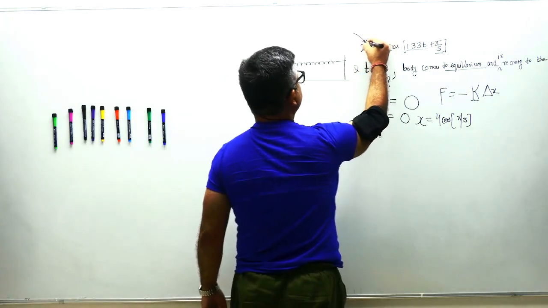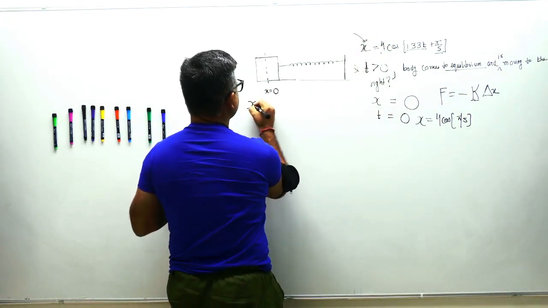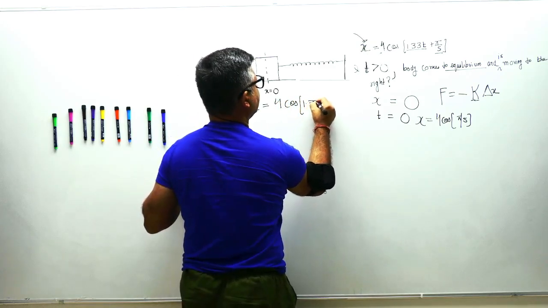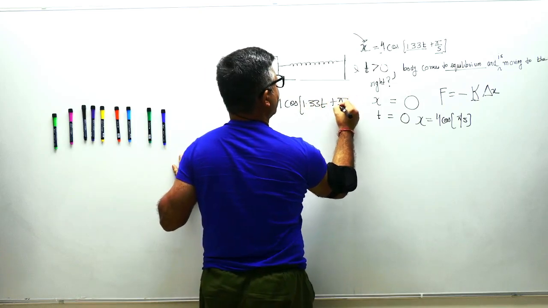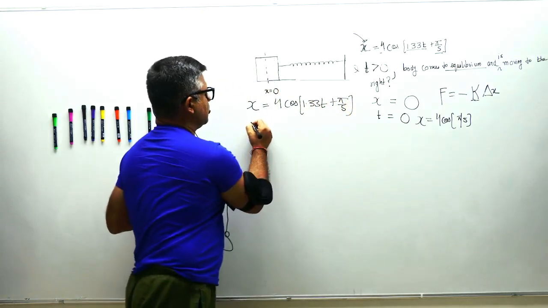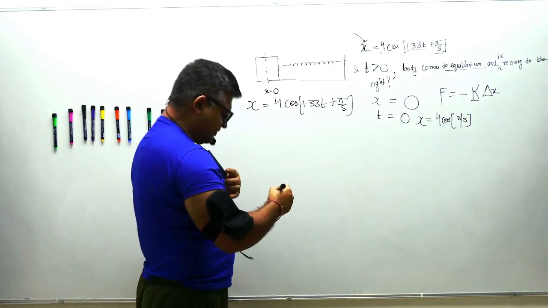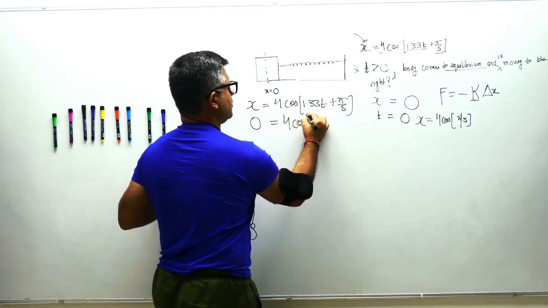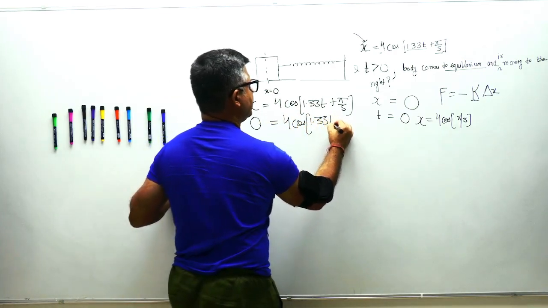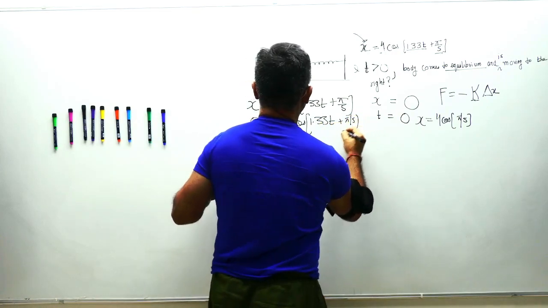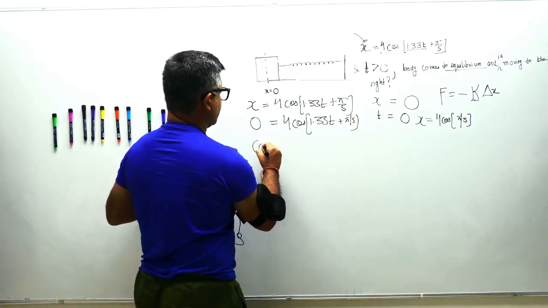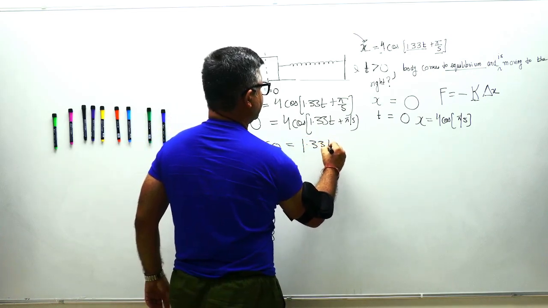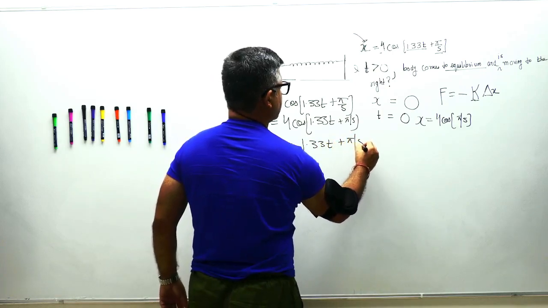So what do we do for that? We pick up this equation, x equal to 4 cos(1.33 t + pi/5), and put x equal to 0. So 0 equals 4 cos(1.33 t + pi/5), which means cos inverse 0 is equal to 1.33 t + pi/5.